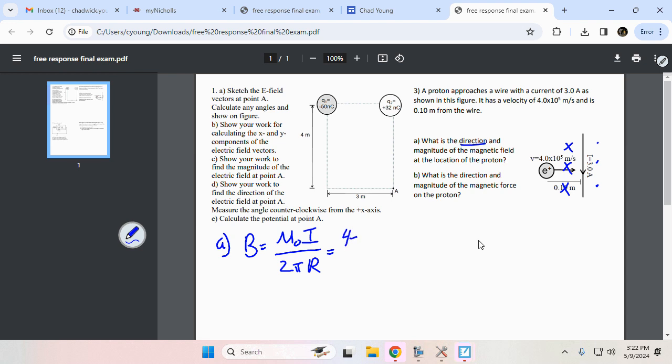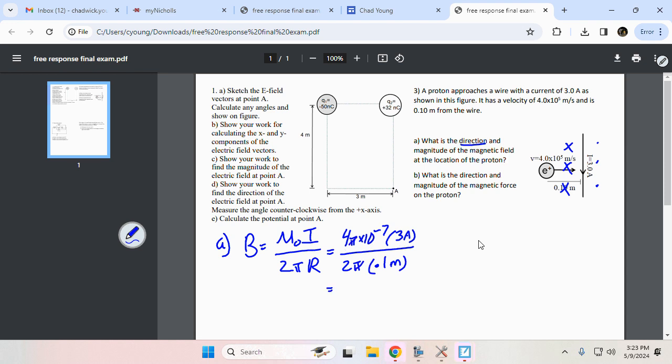The N means the magnetic field for a loop of wire, and it doesn't have the pi. So just look for the equation that doesn't have the N, because I'm just looking at a single wire here. So this is 4 pi times 10 to the minus 7. That permeability constant is on your equation sheet. And then I is 3 amps divided by 2 pi times R. R is the distance. In this case, it's 0.1 meters.